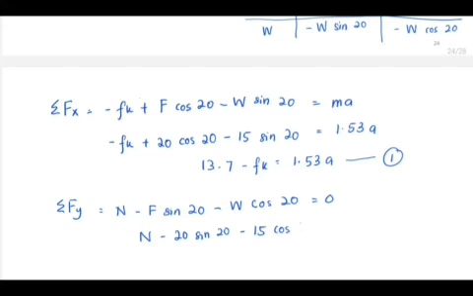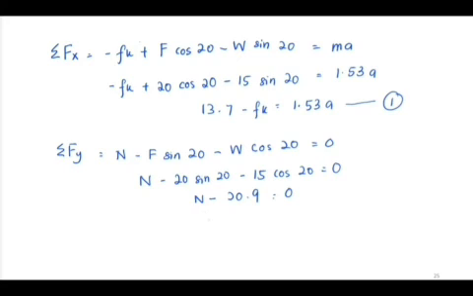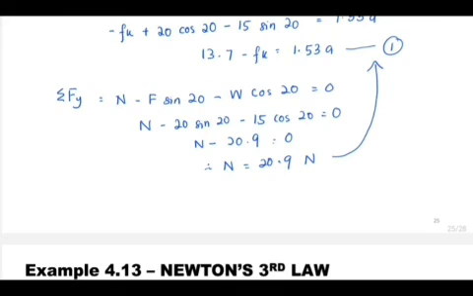When we substitute the information, it will be N minus 20.9 equal to 0. Therefore, from this, we get N equal to 20.9 Newton. We will substitute into equation number 1 to obtain A.